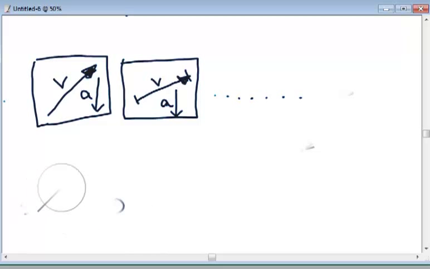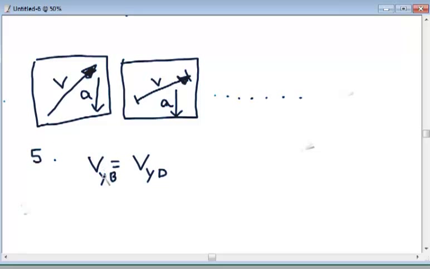For question number 5, we're asked to compare some velocities at different spots. First, let's examine the first one. It asks, how does Vy at B compare with Vy at D? Are they equal?